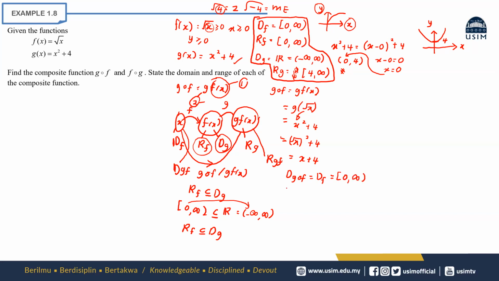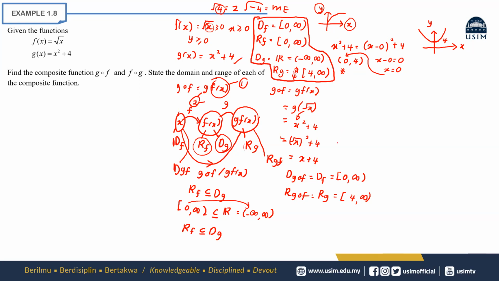Okay, so how about range? Range G compose F is equal to range G, right? Here. Okay, range G. What's the range G? Range G is equal to 4 to infinity. Okay, so here, start with the 4 until infinity.